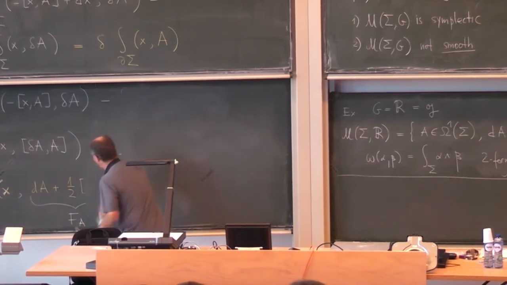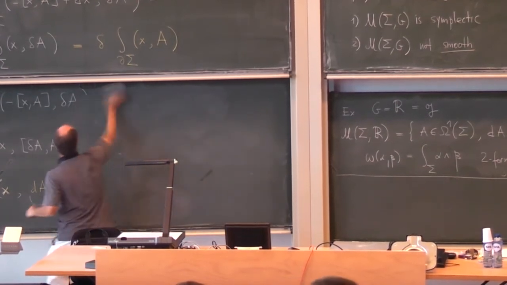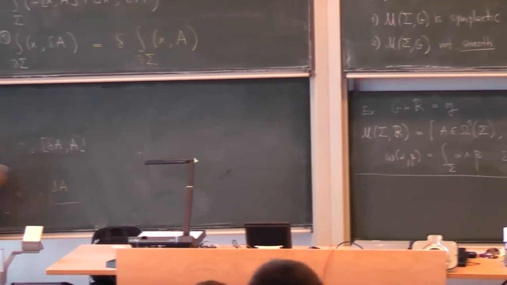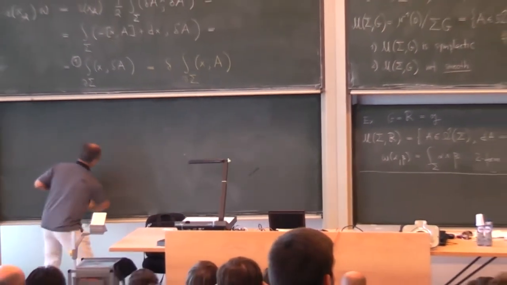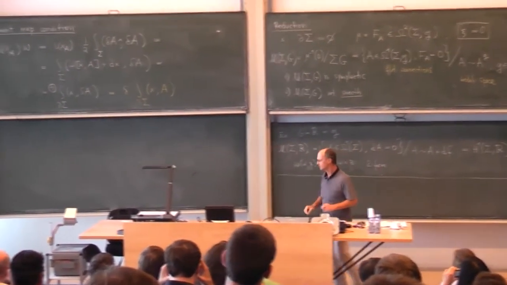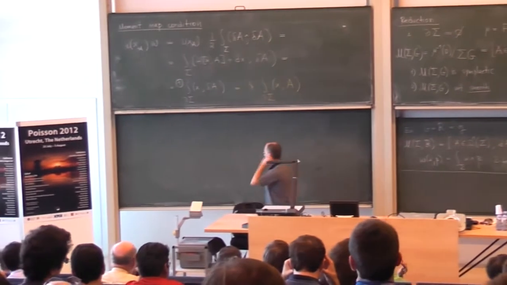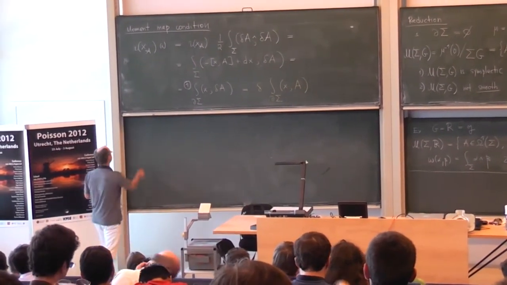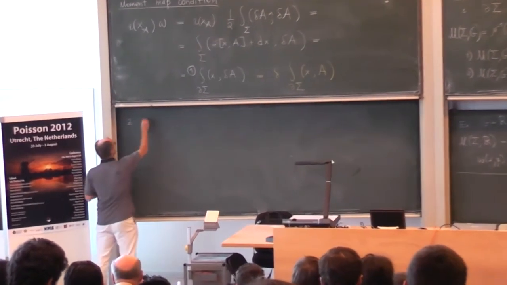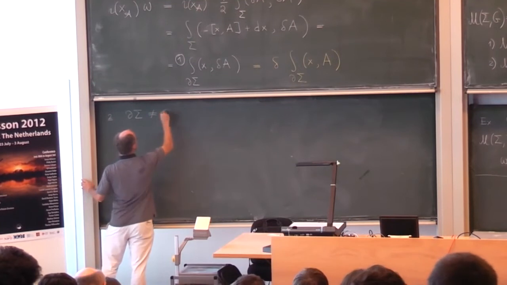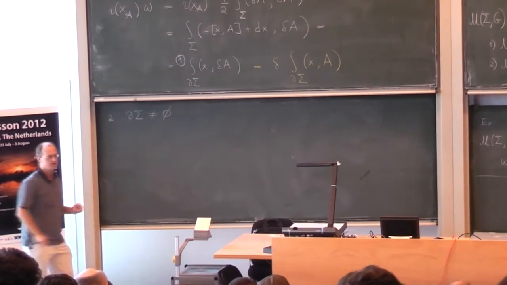So, what about the case when we have a boundary? In fact, here the situation is more complicated. We're going to look at it in more detail tomorrow, but already now, let's say this sigma is non-empty.